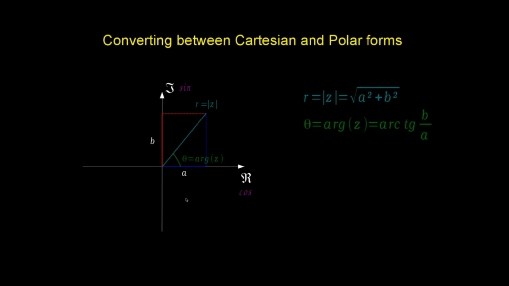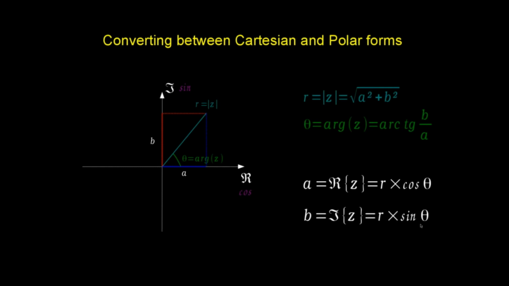So, very easy. To get the value of a, it is equal to r times cosine theta, and we can get this b with r times sine theta.